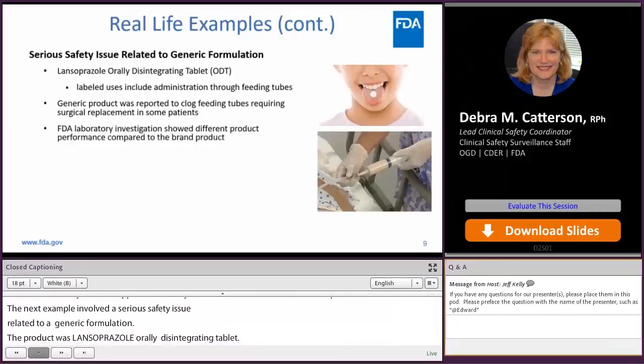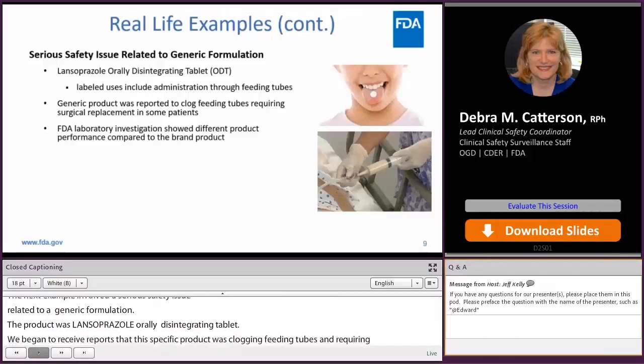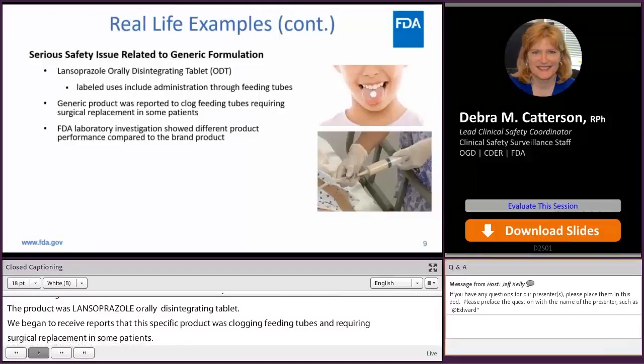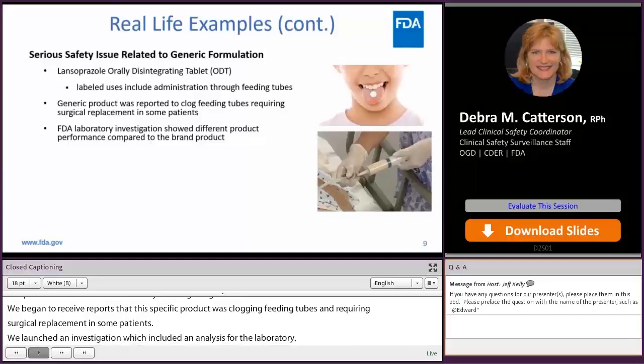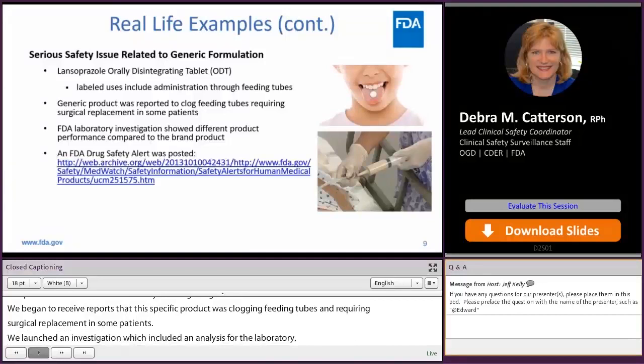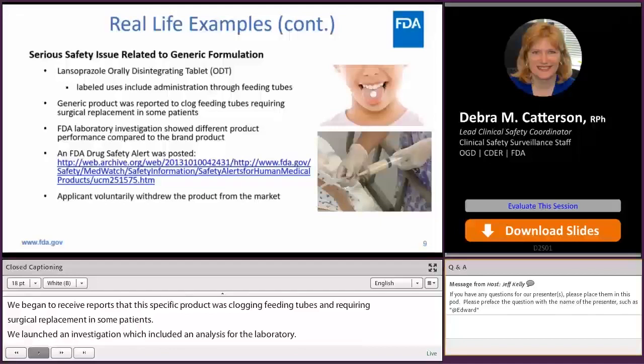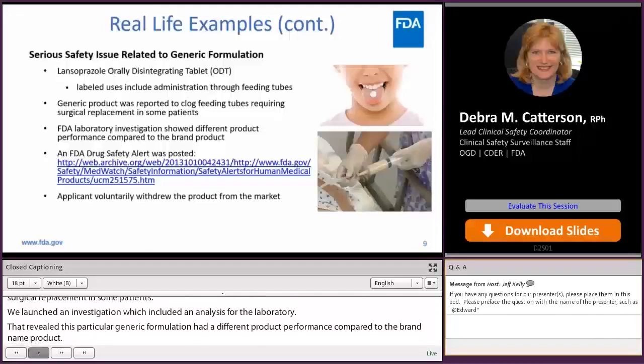We launched an investigation which included an analysis by our FDA laboratory. That analysis revealed that this particular generic formulation had a different product performance compared to the brand name product. An FDA drug safety alert was posted on our website, and the applicant voluntarily withdrew the product from the market.